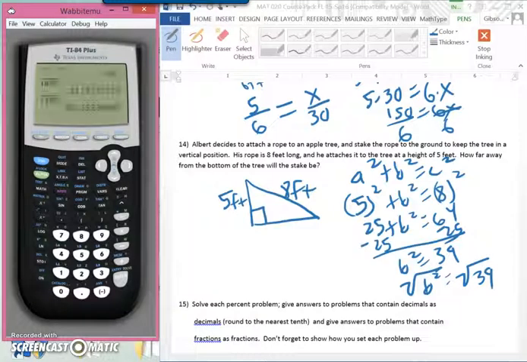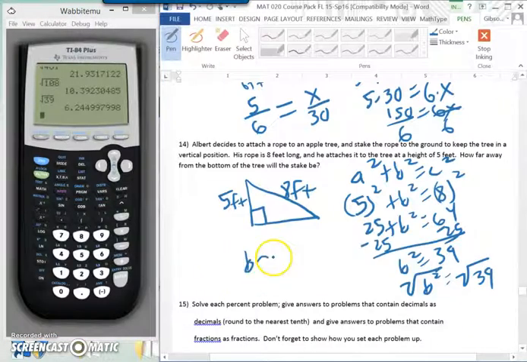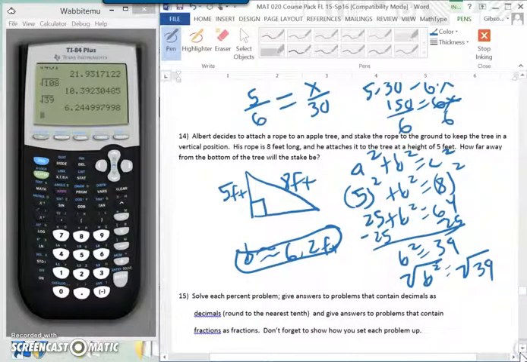We'll put this in a calculator. So we have the square root of 39. And we'll round this to 1 decimal place. So b would be approximately 6.2. And that would be feet. So our answer here is b is approximately 6.2 feet.